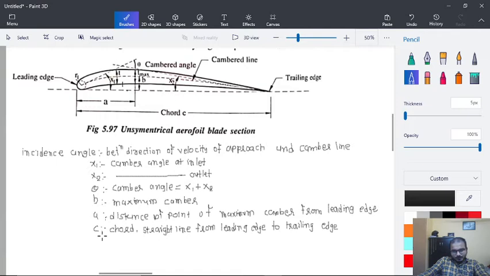Then we have T and T max. See, while I am writing this, you can definitely see the same nomenclature here also, so it is easy to understand by yourself. T is the blade thickness, and T max is the maximum blade thickness.